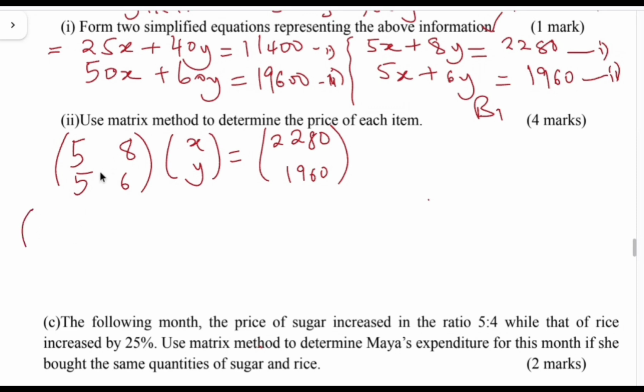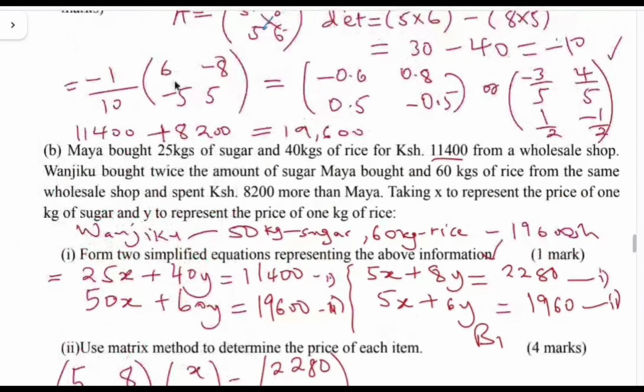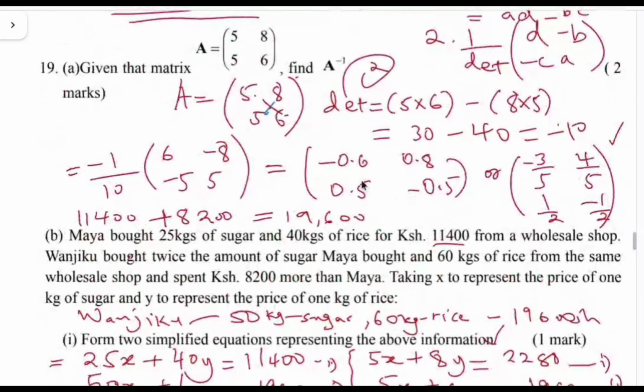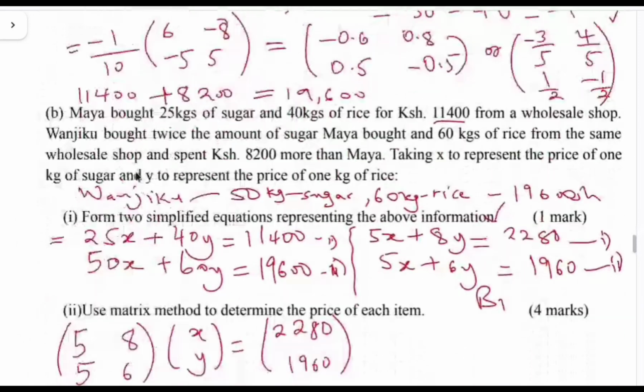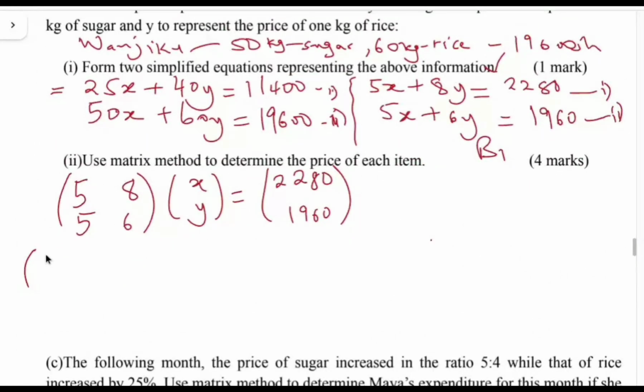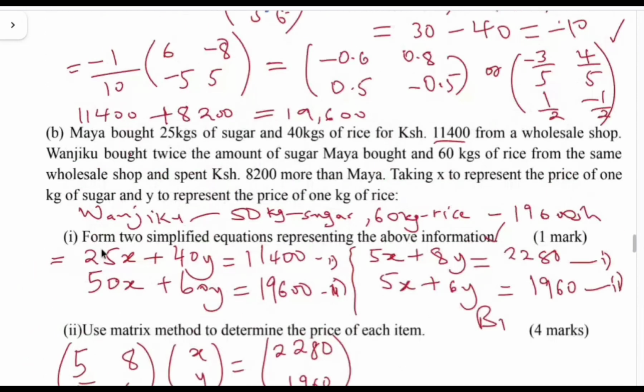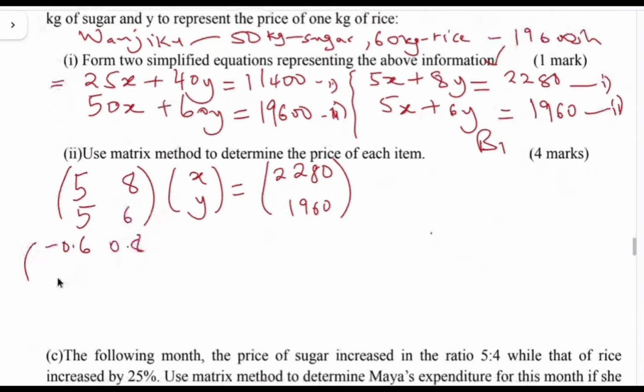The second step, now you take the inverse, multiply by this side. So if I take the inverse of 5 8 5 6 ambao tayari tushapata kwa ile Roman 1 ama question A tumepewa, so negative 0.6 0.8, 0.5 and negative 0.5, multiply by 5 8 5 6, multiply by x y.